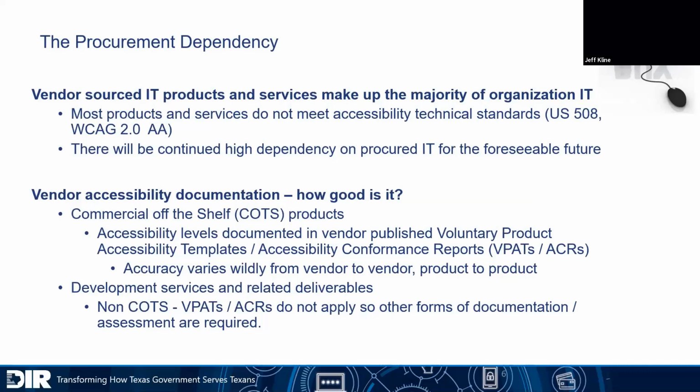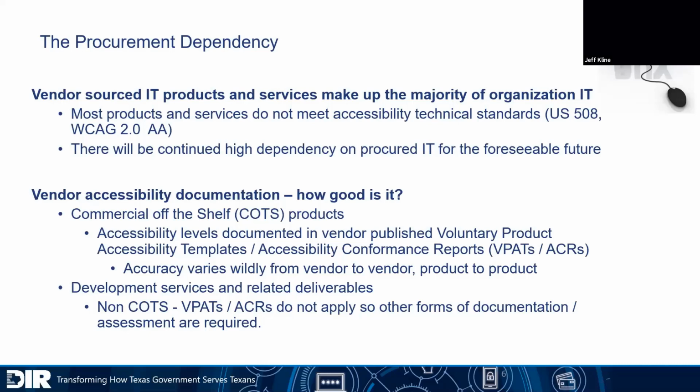And one way that when you're trying to buy these kinds of things, you are provided documentation from these different vendors. And what we're really trying to get to here is how good is that documentation? Well, for commercial off-the-shelf products, levels of accessibility are documented in what's called a voluntary product accessibility template, or VPAT.